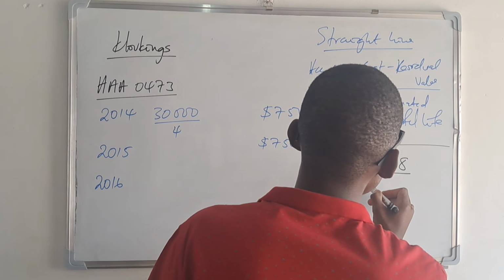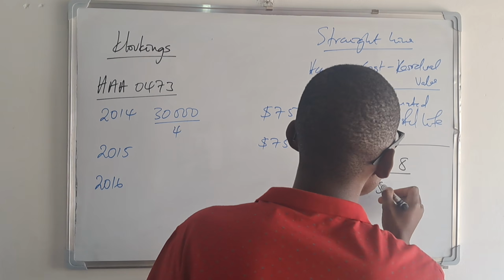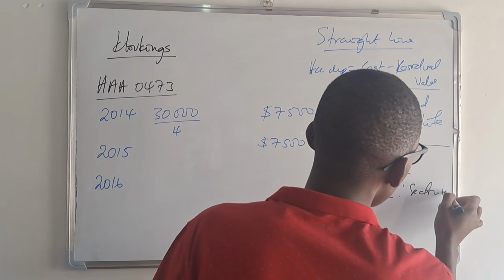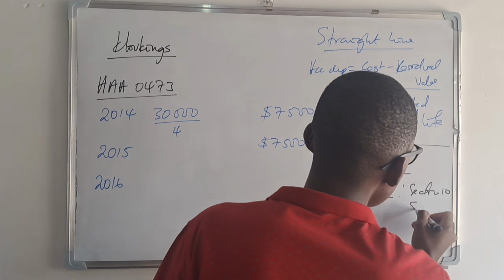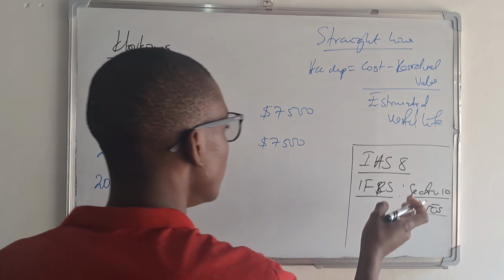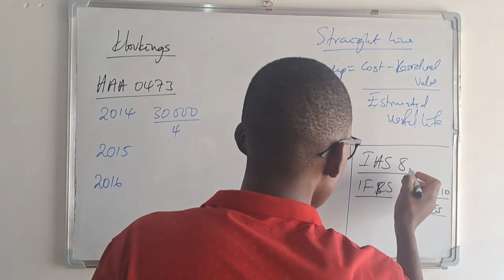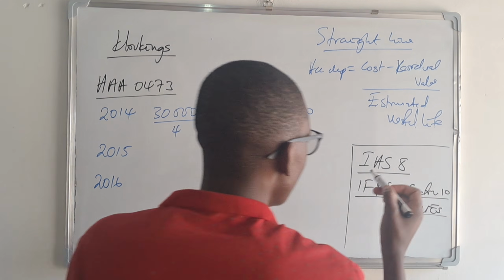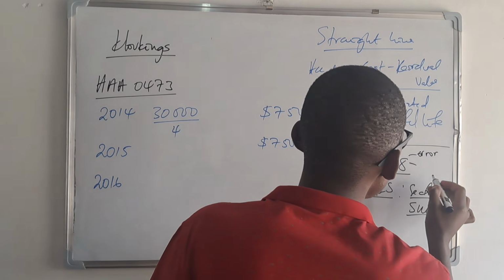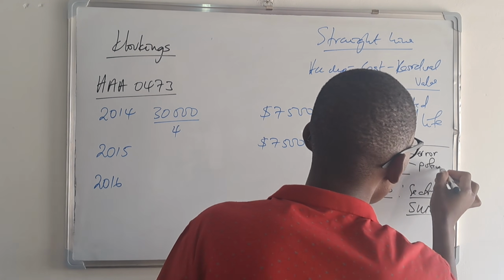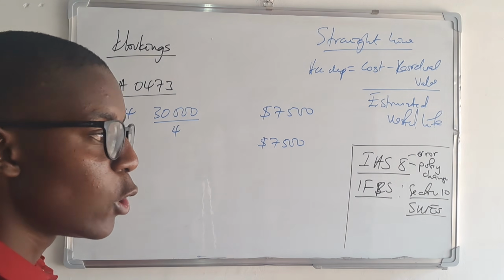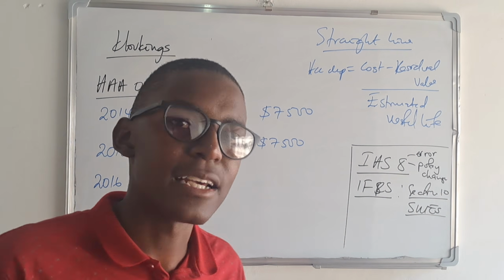But in terms of International Financial Reporting Standards, we are going to look at Section 10 according to the SMEs. Remember, Section 10 of the SMEs, you go and research on this. But in terms of the International Accounting Standard 8, we did not do an error. Maybe we did not do a policy change. Suppose there was a new model, maybe, or there was new anything that occurred during the year.